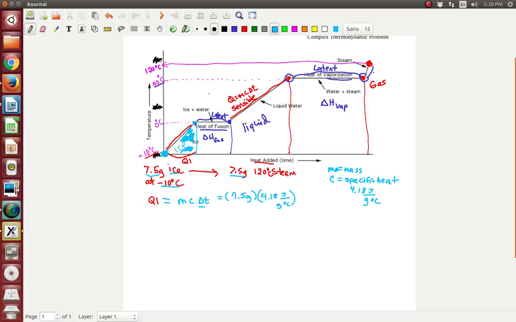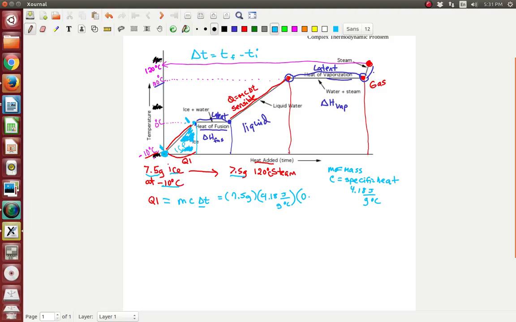Now remember that delta T is always the final temperature minus the initial temperature, no matter where. So we have to compare the temperatures here. For the ice section, it starts off here and it ends up here. So for that first section, the final temperature is 0.